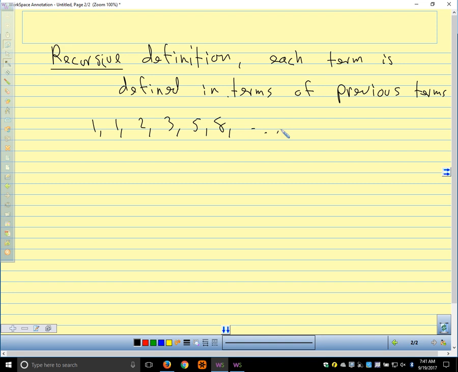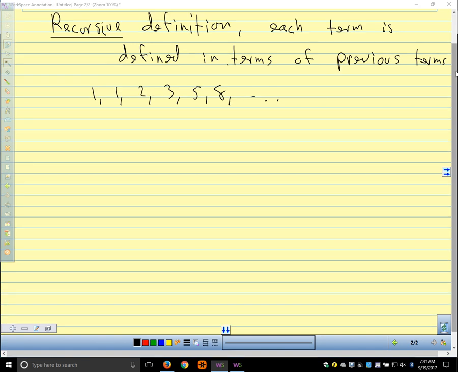There is an explicit formula for the Fibonacci sequence, but it's kind of messy and complicated, and it involves the golden ratio, 1 plus the square root of 5 over 2, something like that. It comes up here and there in the chapter as well.